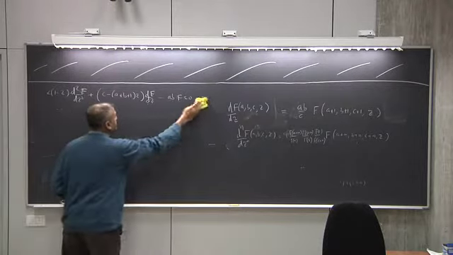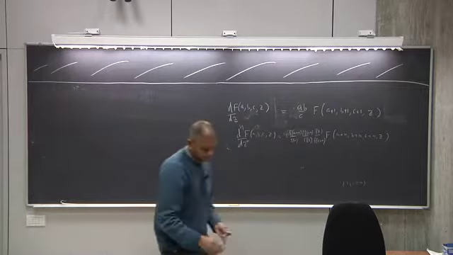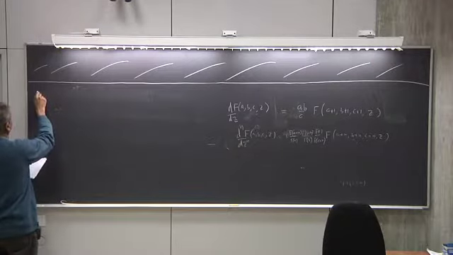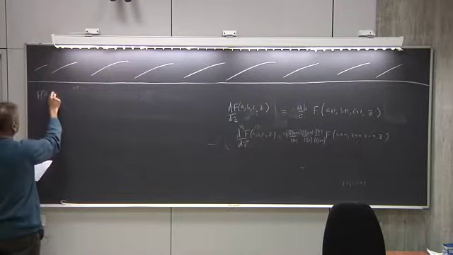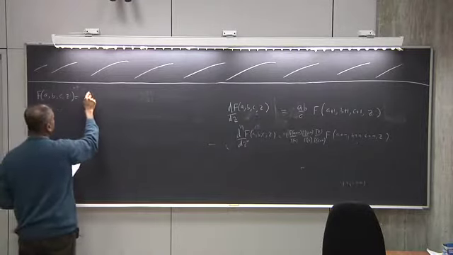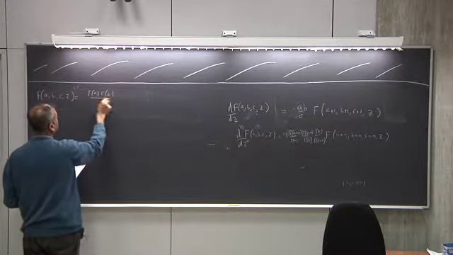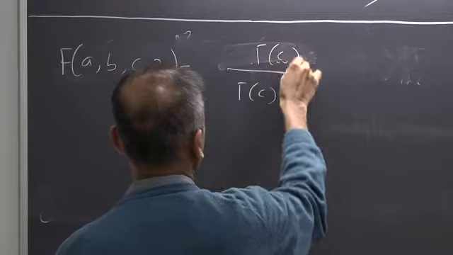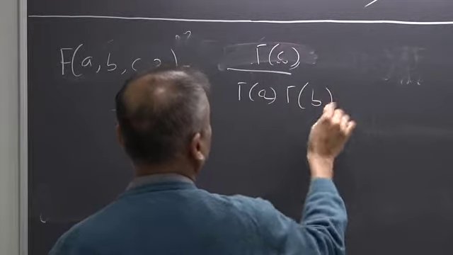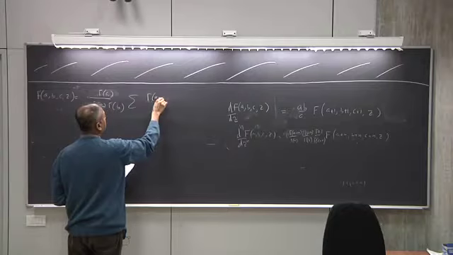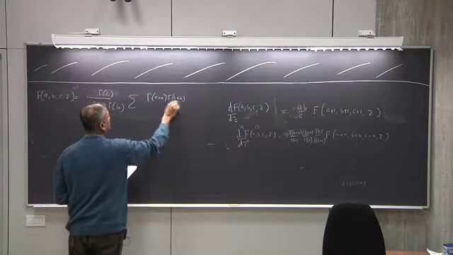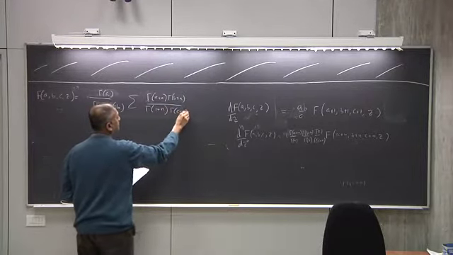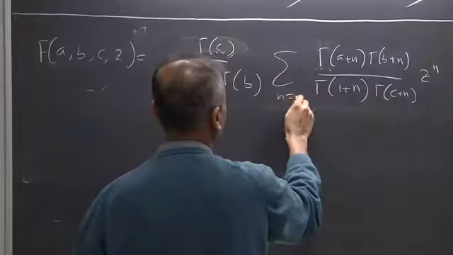To take some examples, let's again write down the series solution, F of A, B, C, Z. This is gamma C divided by gamma A, gamma B, times the sum of gamma A plus n, gamma B plus n, and so on, times z to the n, and this goes from n equal to 0 to infinity.